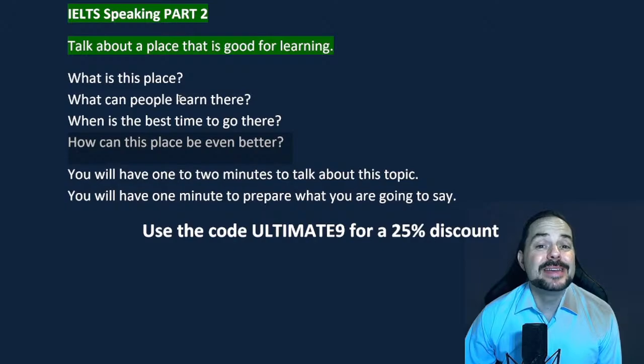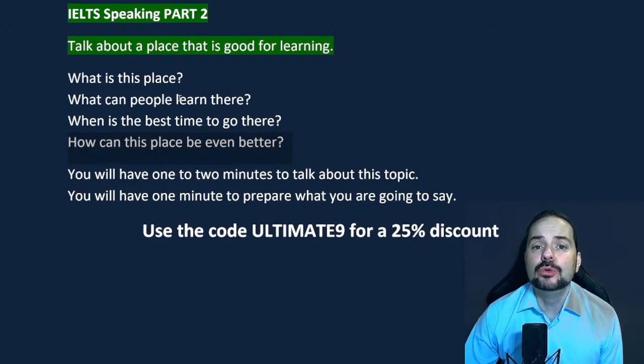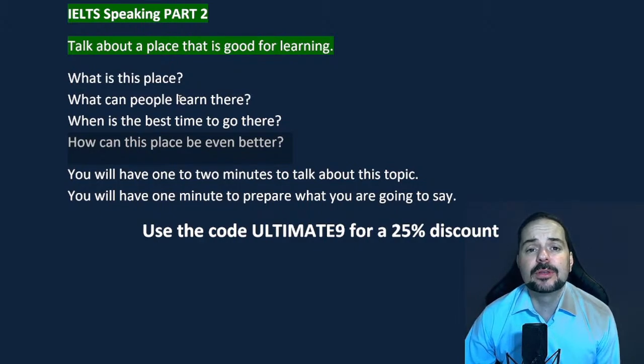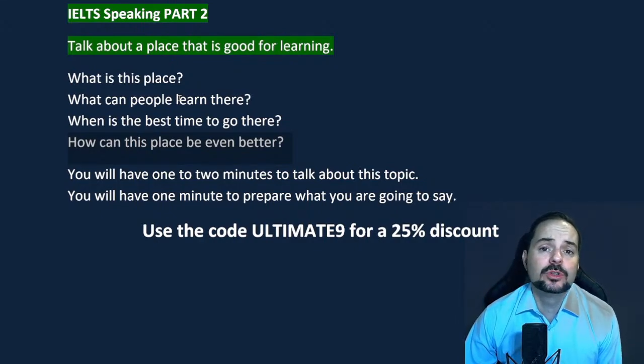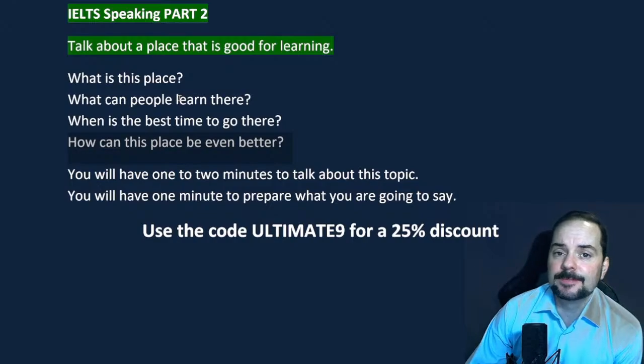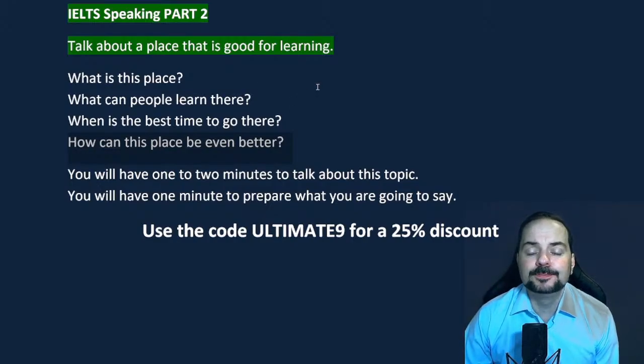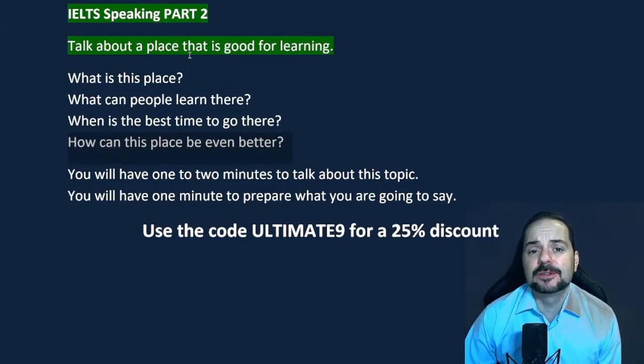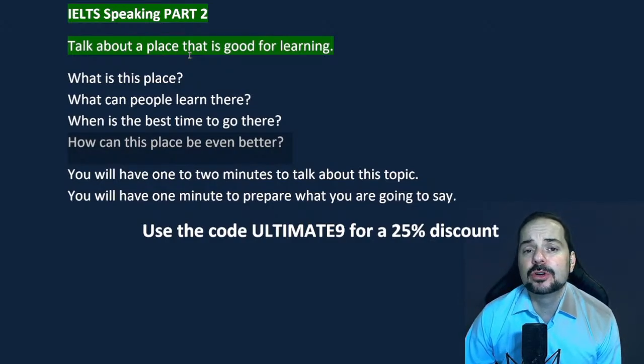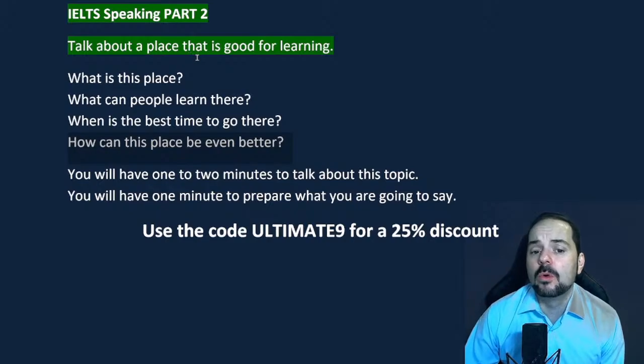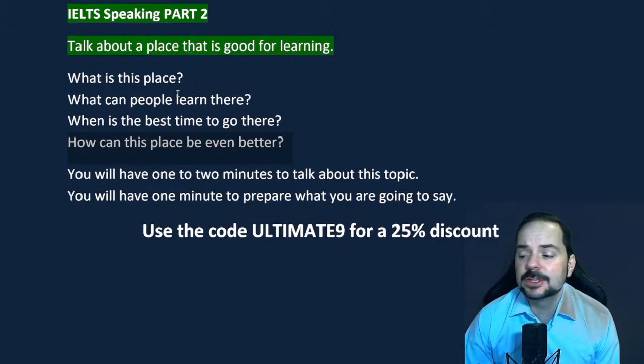You have 1 minute to review and think about your ideas, and then 1 to 2 minutes to say your answer. Whether you get to speak for 60 seconds or 120 seconds depends on your fluency and the quality of your answer.